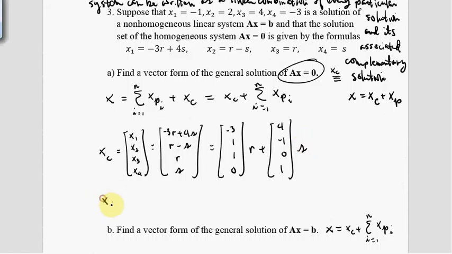So x sub c is equal to, if you think about it, some c sub 1 times v sub 1 plus c sub 2 times v sub 2, where v sub 1 is this vector here and v sub 2 is this vector there.